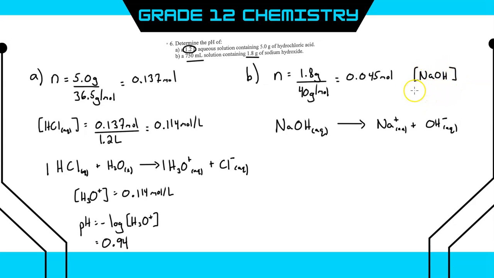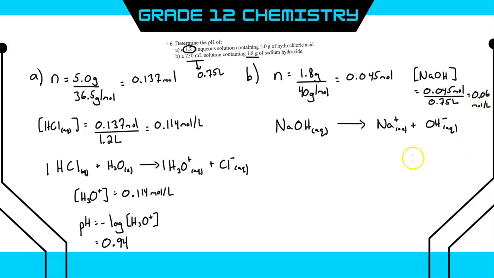It's just going to be moles over volume, so 0.045 moles over the volume. We're going to change this into liters, so 0.75 liters. And we get a concentration of 0.06 moles per liter.